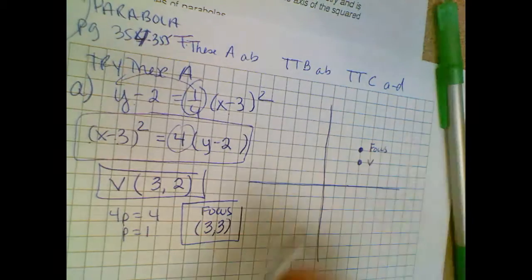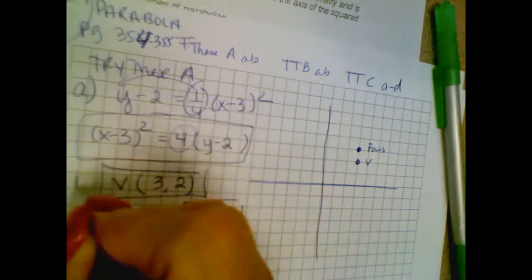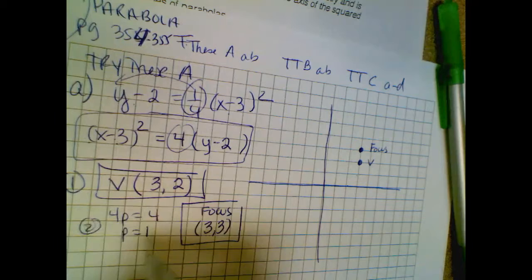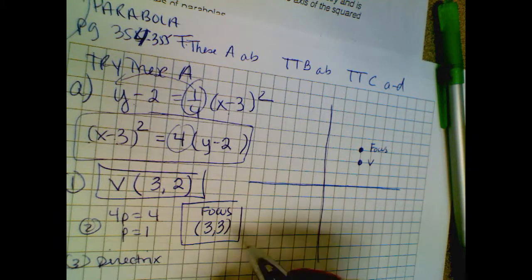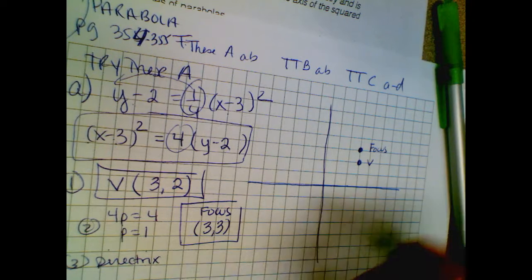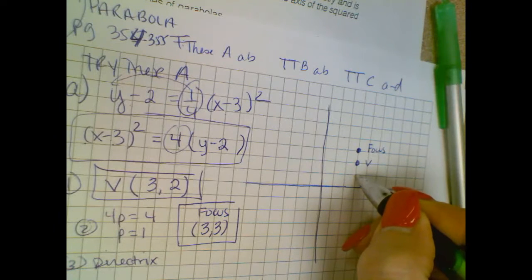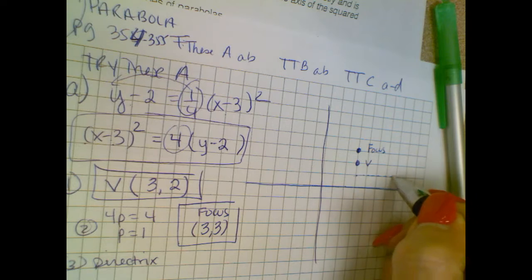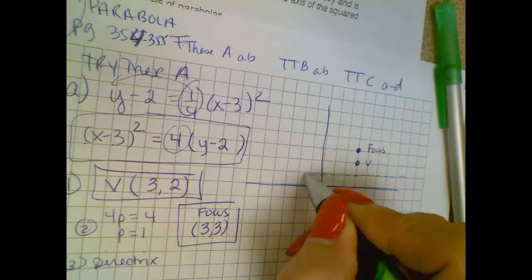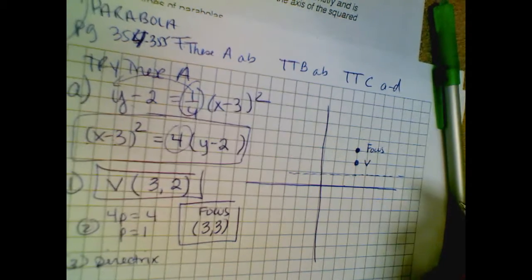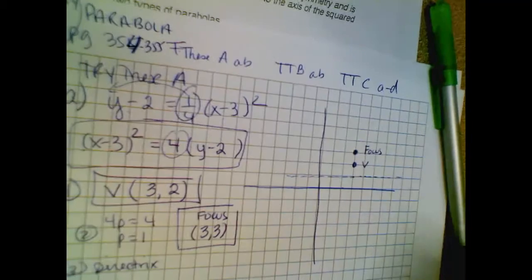So vertex is first, then focus, then directrix. We're going to go 1 down from the vertex, but it's not going to be a point. It's going to be a horizontal line, like the plate your parabola sits on.